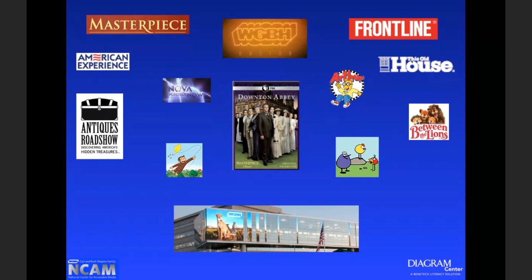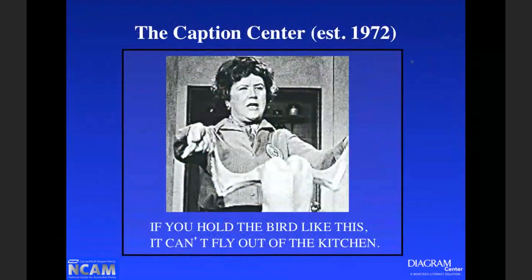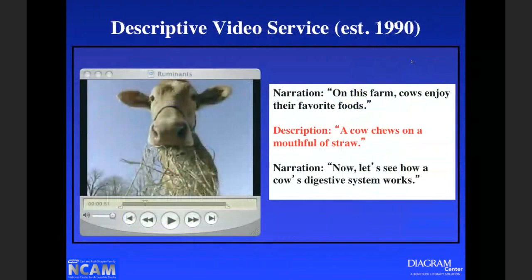And today's trivia that you will learn is that captioning and closed captioning, the technology to deliver captions to television, was actually developed here in Boston at WGBH, at the public television station in 1972. And the first program that was captioned on the air was Julia Child's The French Chef. And 20 years later, we developed sort of a parallel service called Descriptive Video Service, which is for people who are blind or have low vision.